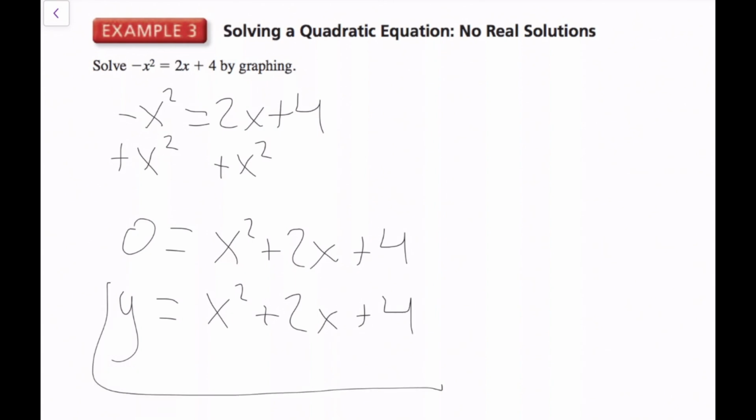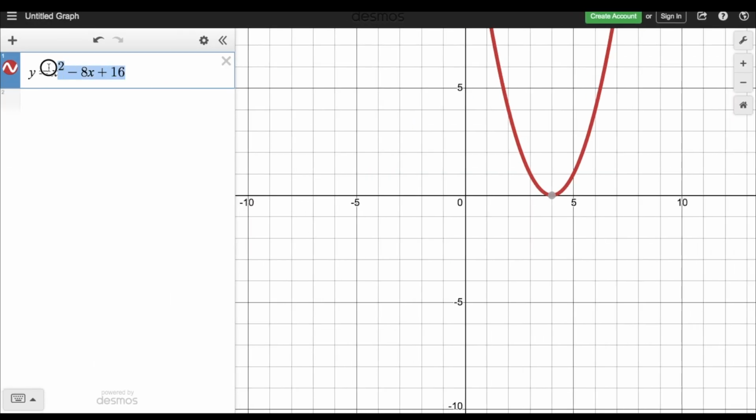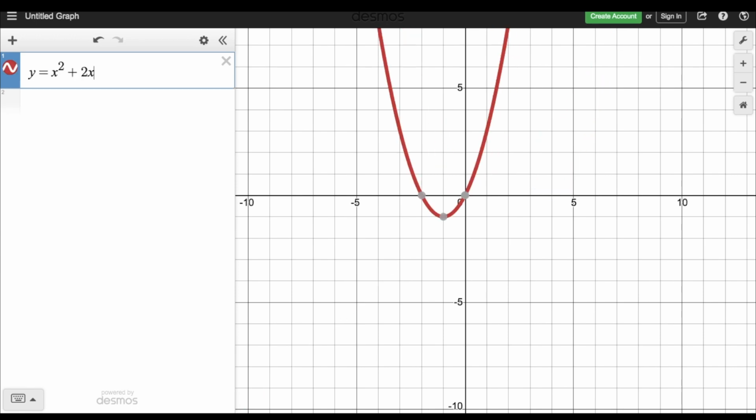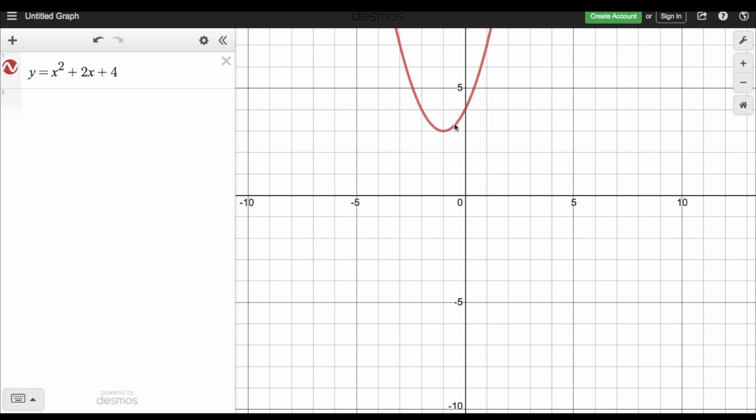So this function is y equals x squared plus 2x plus 4. So when I graph this one, we see that there's actually no place where this graph crosses the y-axis.